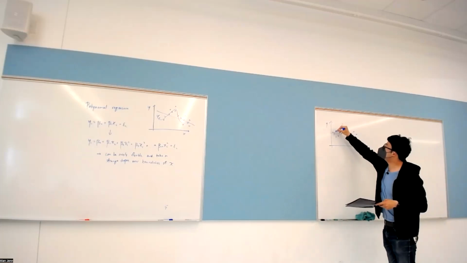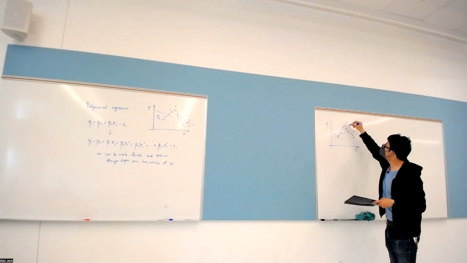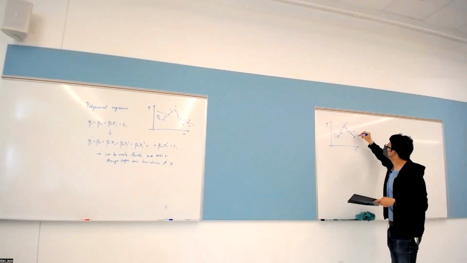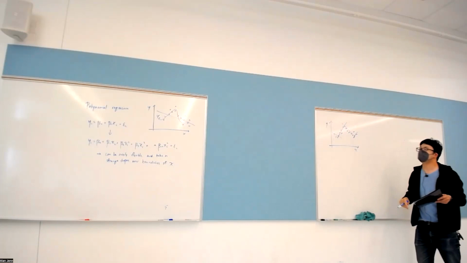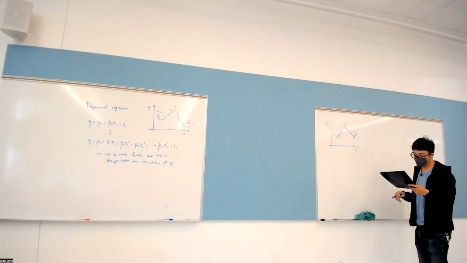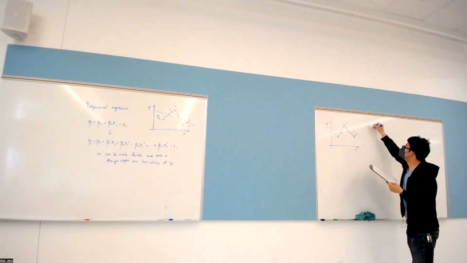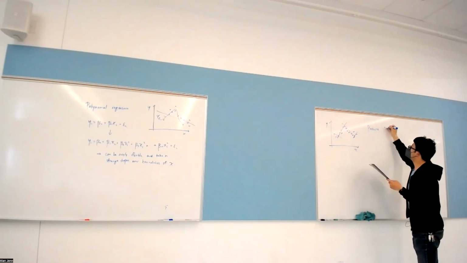Okay, so I could draw a line here, a line here, a line here, and a line here. Okay. So this type of approach is known as a piecewise or segmented regression.